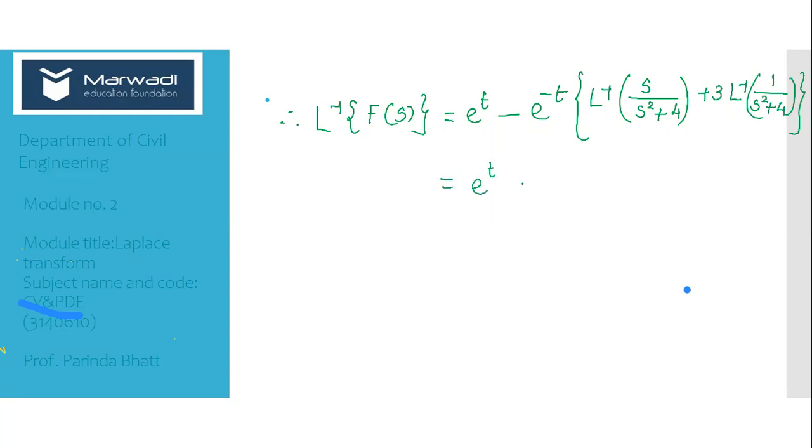So e power t minus e raised to minus t times cos 2t plus 3 by 2 sin 2t. This is our answer. Yes.